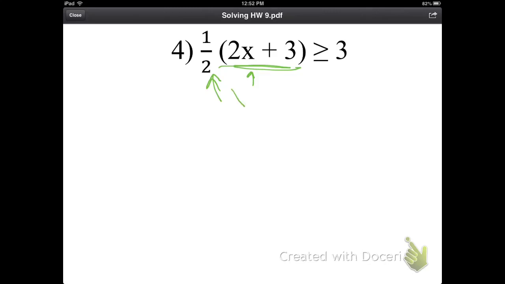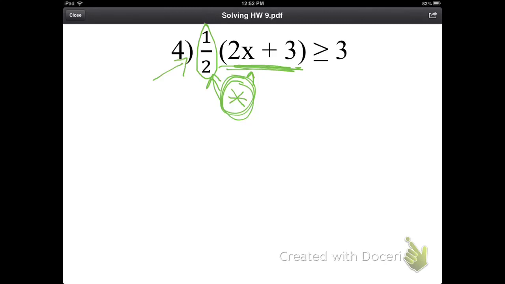These two things are being multiplied together. 1/2 times the stuff in the parentheses is going to be greater than or equal to 3. We can get rid of the 1/2 fairly quickly just by multiplying by 2, because the fraction says 1 divided by 2. After you do that, you're supposed to multiply that by the stuff in the parentheses. Well, why don't we just get rid of the 1/2 before we do any of this multiplication?